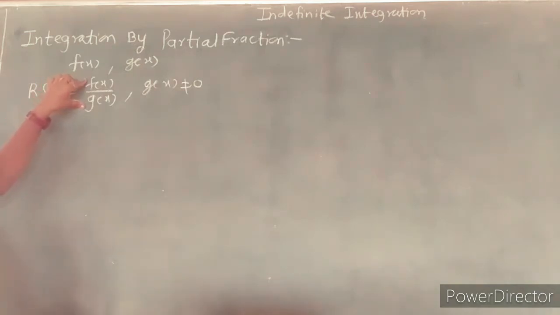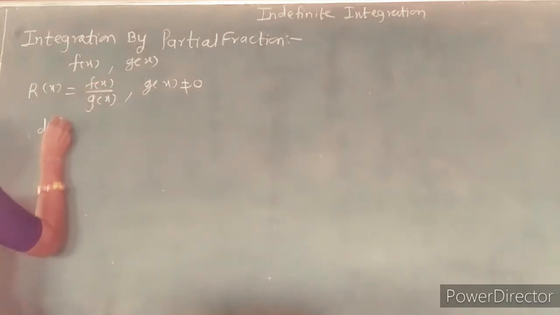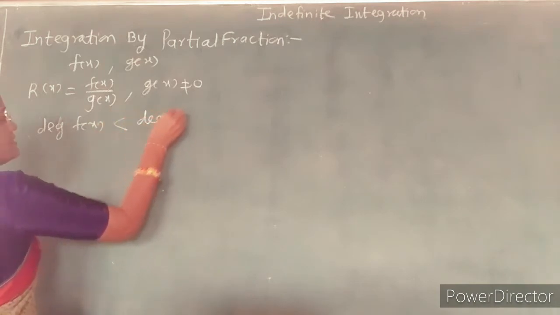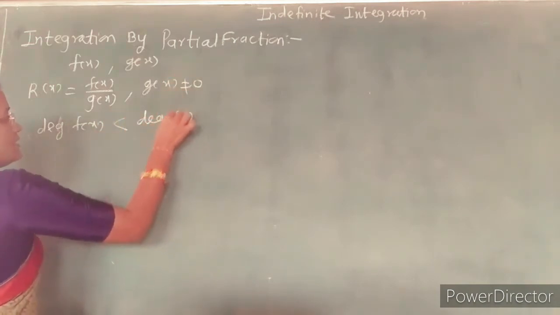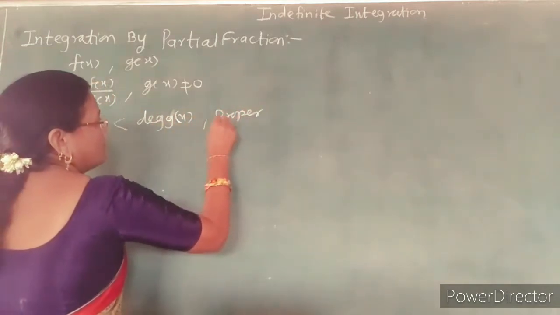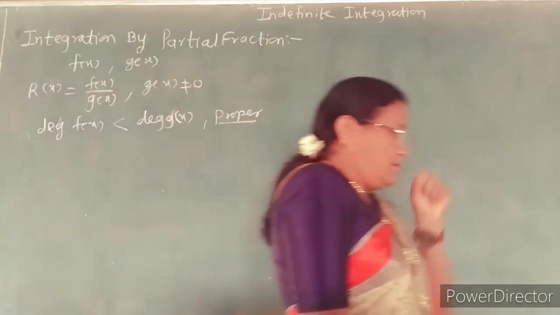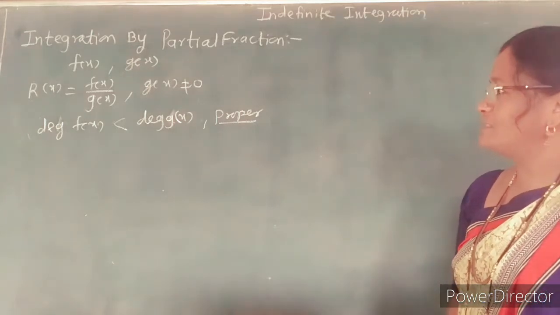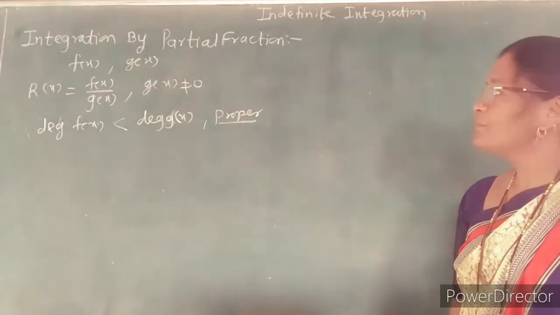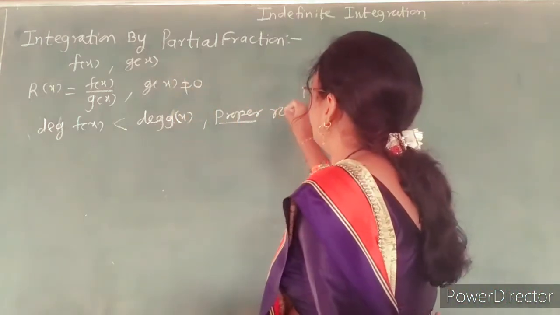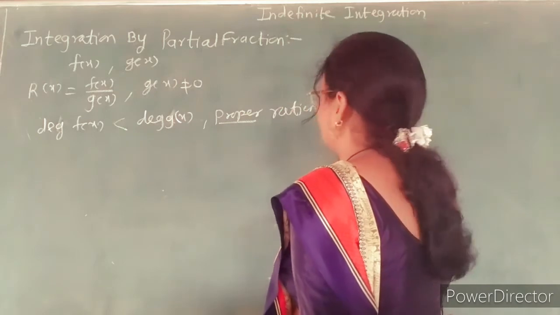If the degree of f(x) is less than the degree of g(x), then this is a proper fraction. Then we say that this is a proper rational function.